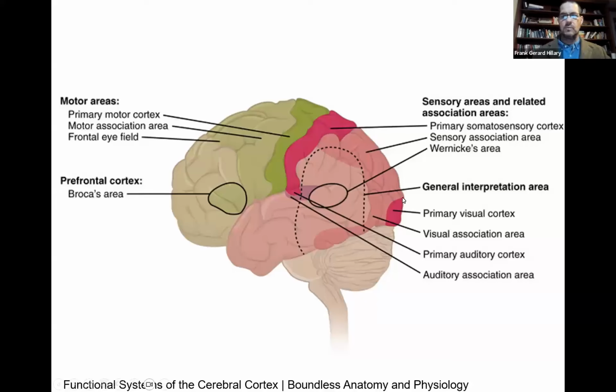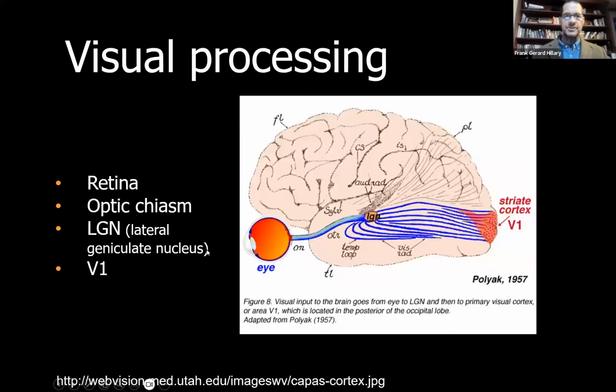We're going to focus on parietal functioning and the ventral stream and the temporal lobe with regard to visual systems. Information comes in through the retina, crosses over the optic chiasm, which you can't see in this image, goes to the LGN, the lateral geniculate nucleus in the thalamus, and then spreads out and ends up here at V1.